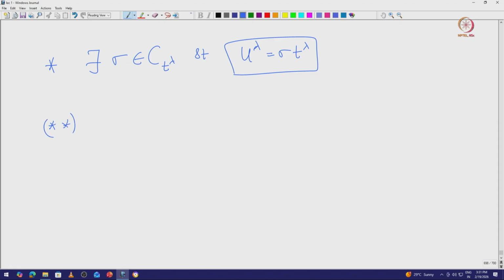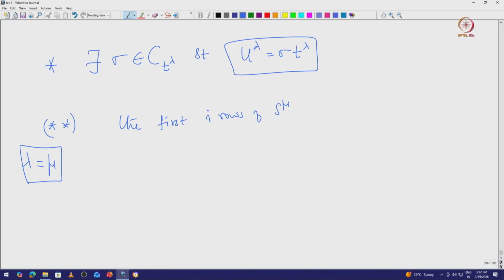The second fact is that the first I rows of S mu belong to the first I rows of u lambda.